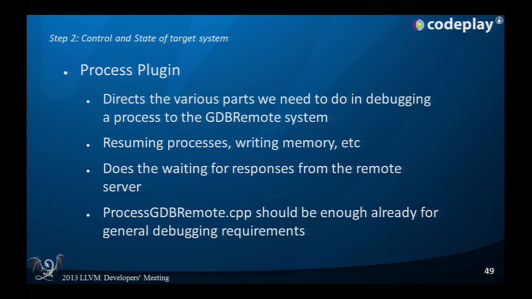And this actually does waiting for responses, which you would think is really quite bad. But like I said from the beginning, LLDB has been designed from the start to be multi-threaded for performance, and this means you can wait there, and the user experience isn't going to suddenly go, oh, I can't type anything into this shell. It's going to be okay.